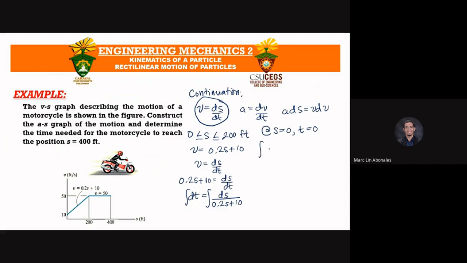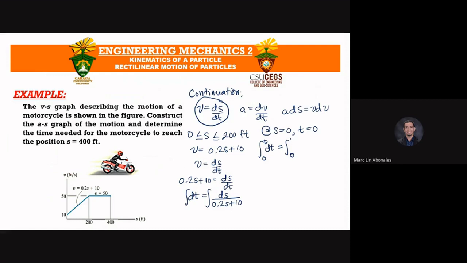For the left side, the lower limit is 0, then the upper limit is t. Then the right side, the lower limit is 0, and for the upper limit, you can actually substitute directly the 200, or you can use the variable s.